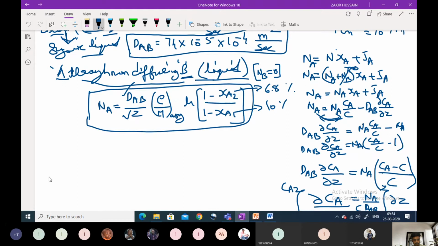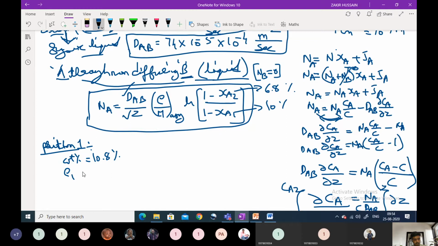So for example, this is position 1. At position 1, the weight percentage is 10.8%.